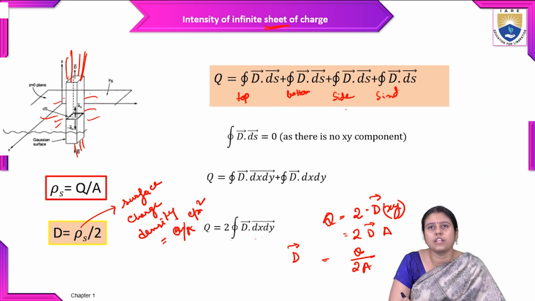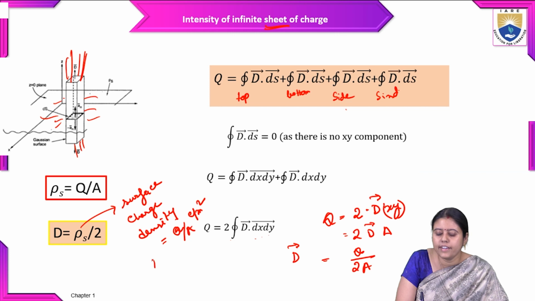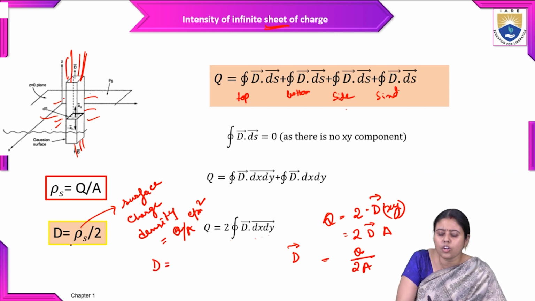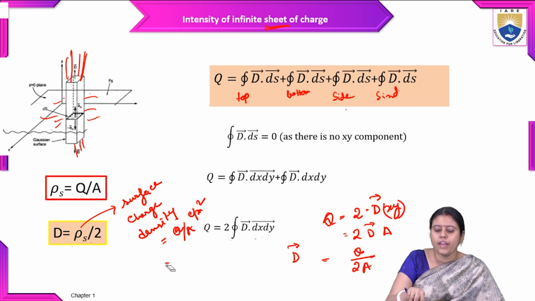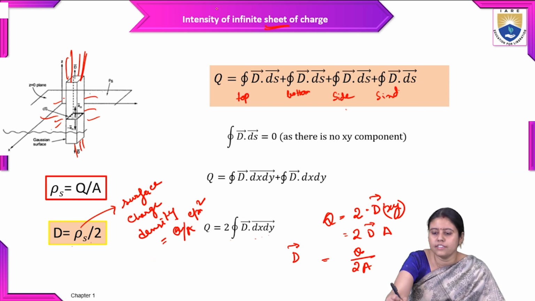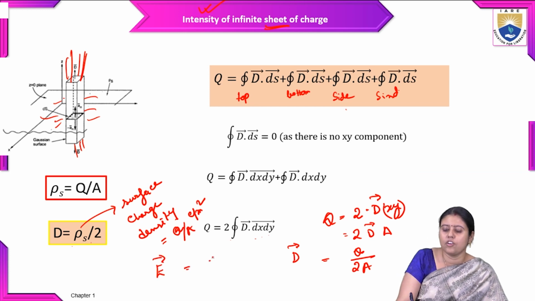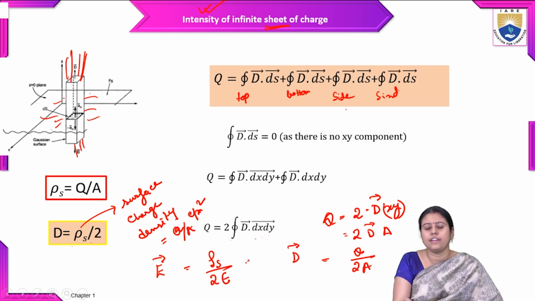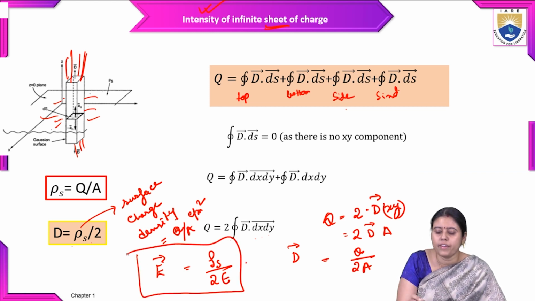So D is equal to rho s by 2. Then the field intensity, which is our main aim to calculate, is E equal to rho s by 2 epsilon.